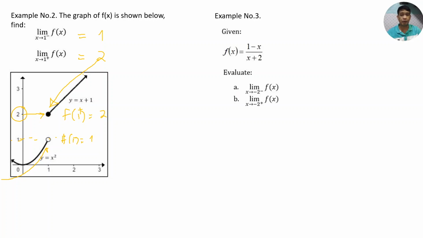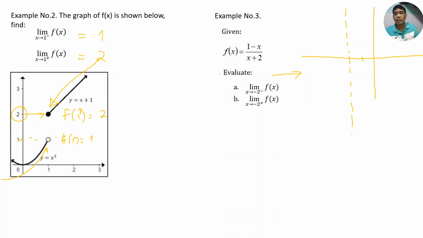So, for example number 3, we are given that f of x is equal to 1 minus x all over x plus 2. So, kung i-graph natin yan, kung titingnan natin yung behavior, ang domain ng function, x must not be equal to negative 2. So, this will be our boundary. So, kapag ang value natin ng x coming from the left, negative 2 minus, galing siya dito sa kaliwa.